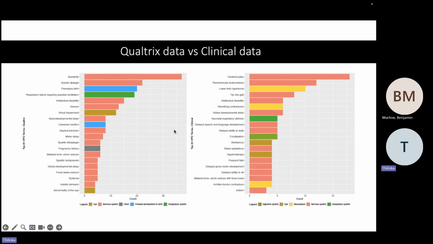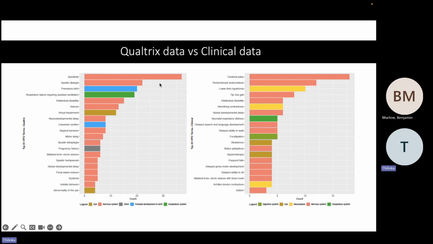And this is digging a little bit more into the HPO terms. Sorry if the writing's a little bit small on the y-axis, but essentially the graph to your left is the Qualtrics data, and the graph to the right is the clinical data.